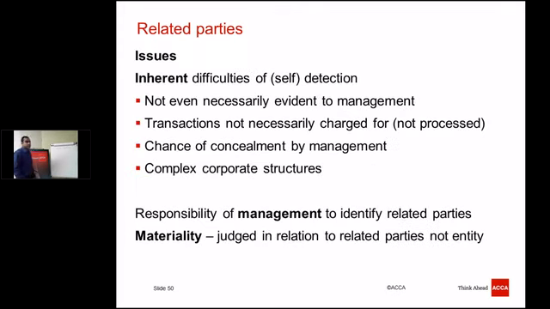Now, what are the issues when related party transactions or the subject of related party is put into the P7 paper? The key issues that can be tested usually revolve around inherent difficulties of detection, because a party may not be deemed to be a related party.